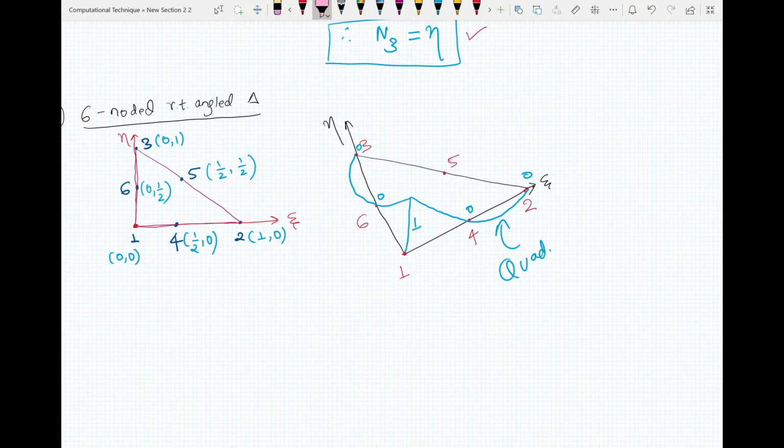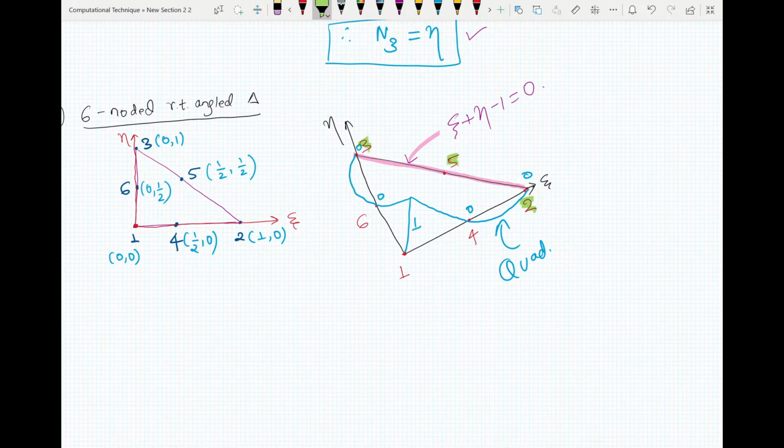Now if we have this equation right here, then this one will include 5 in itself. Now this equation we had already obtained earlier. This equation here will consist of your nodes 2, 5 and 3.